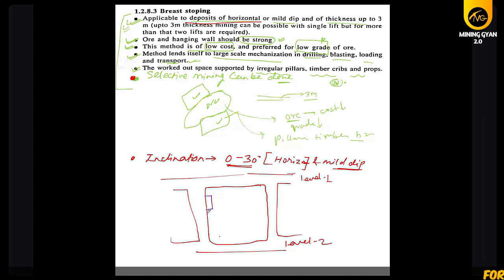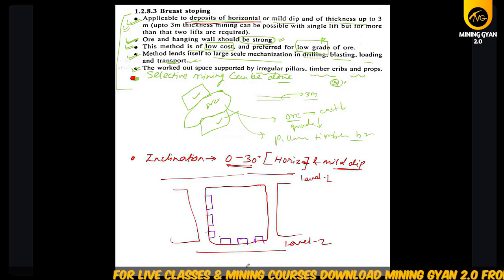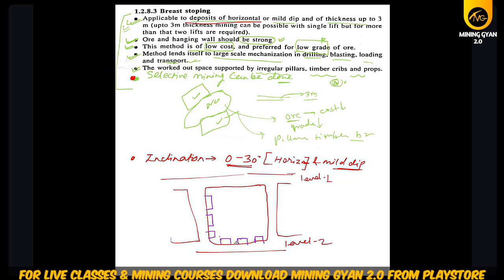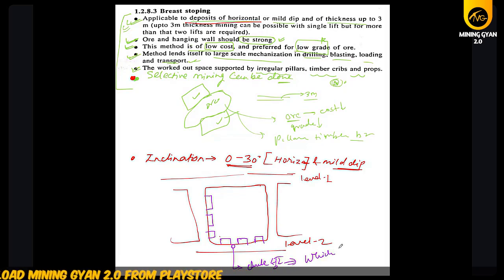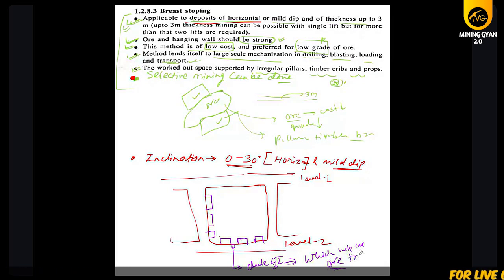First we will develop these pillars. So you should know this is the sill pillar. This gap, we should know this is the chute, which helps us to transport the material.